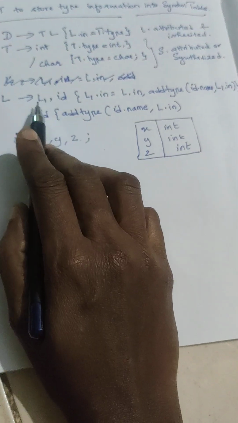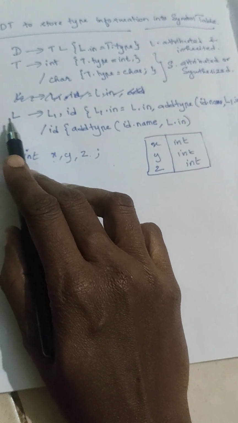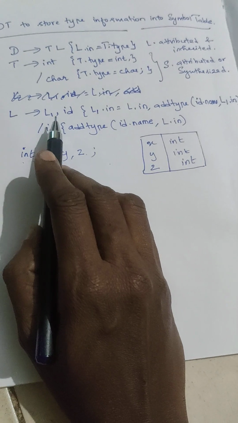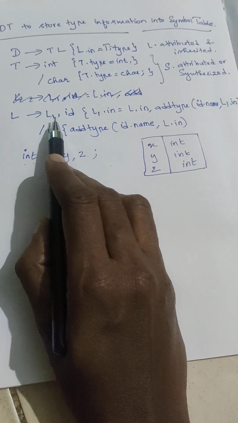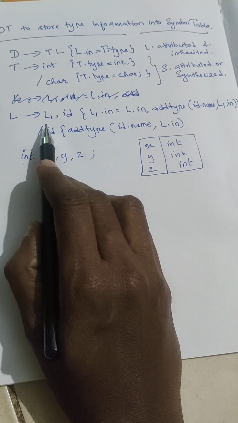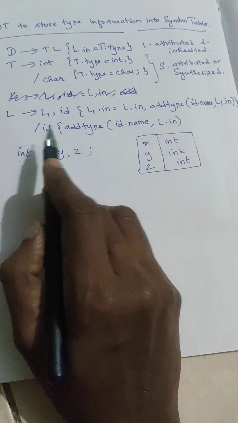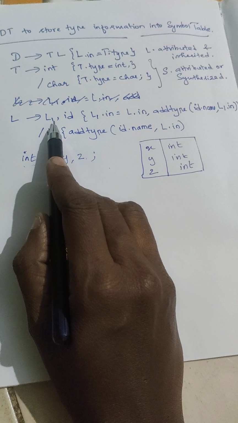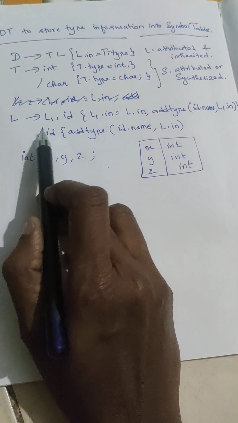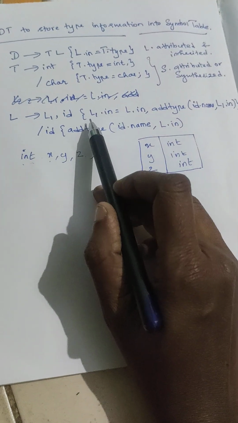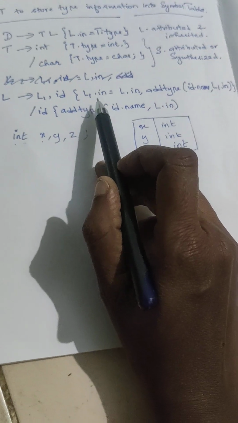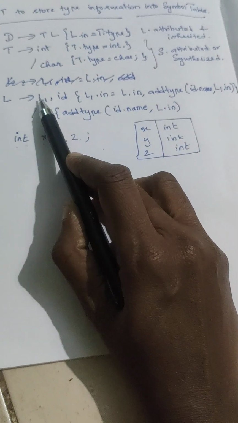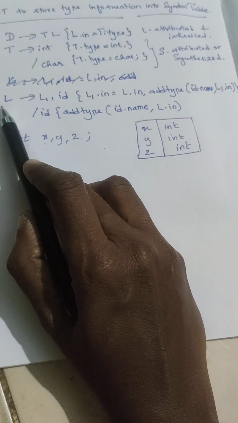And when we go for this, just for differentiating the left side L and the right side L, I am giving a derivative L1, but it is not very different. The variable is not different. It is left hand side and this is right hand side. Just for denoting, we are giving a derivative. So now here, L1 dot in, the input of L1, is the value from the left hand side.